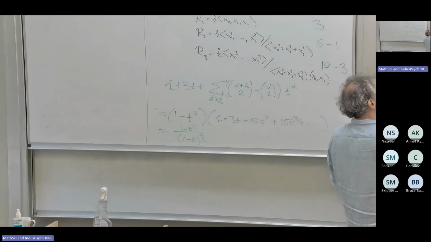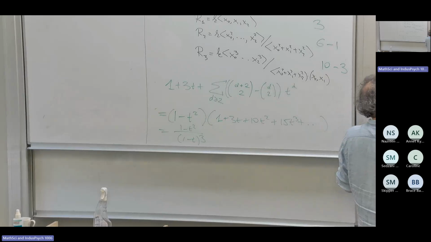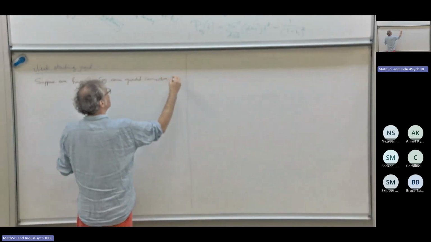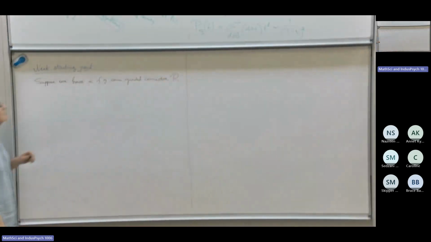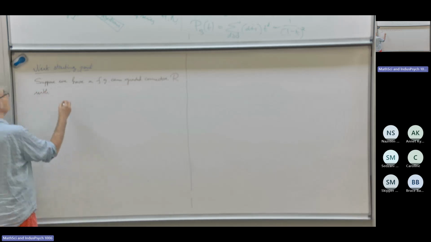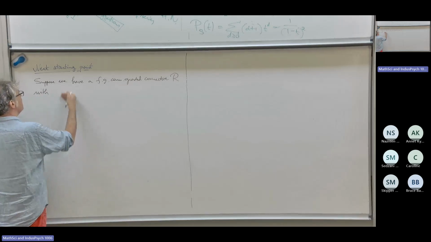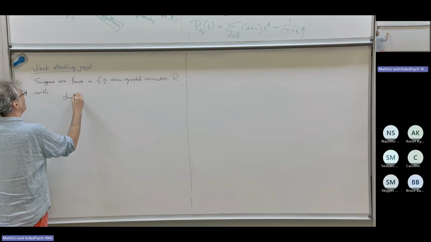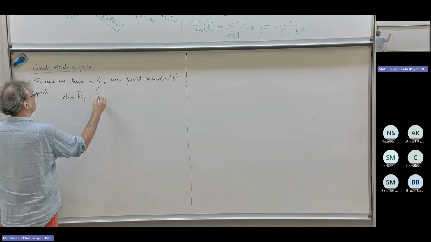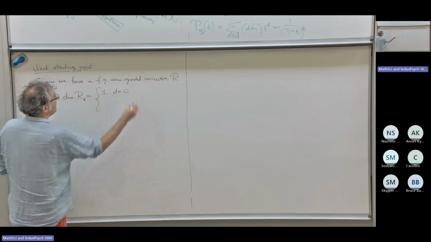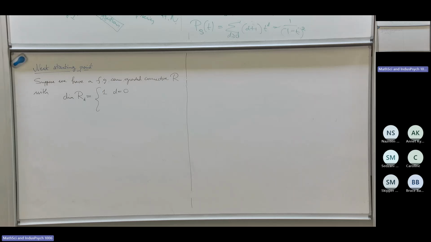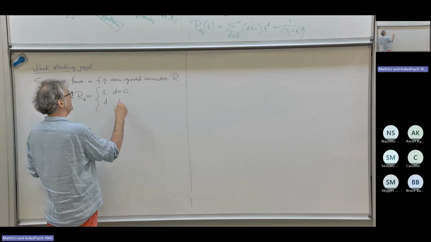Suppose we have a finitely generated, commutative, graded, connective ring R, with an oracle telling us that the dimension of R_d is 1 if d is equal to 0, that we assume it's connective, but it's d if d is greater or equal to 1.